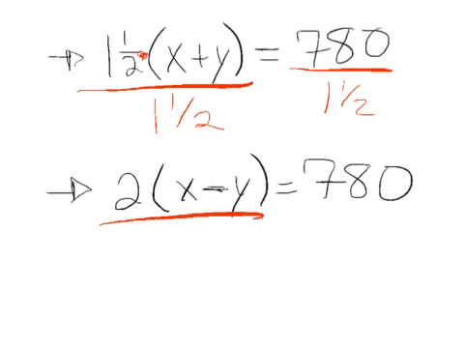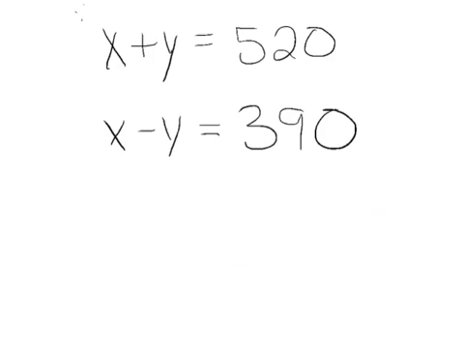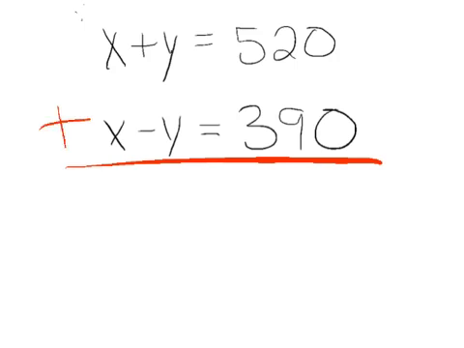And I can divide this one by 2. And what happens is, because those are quantities, that will cancel out. That gives us nice equations to work with. And from here, we can use substitution or elimination. Now, what I'm going to do is I'm going to use elimination and add these together.